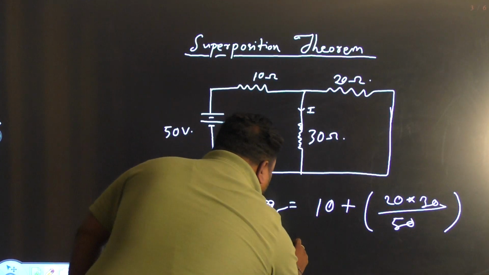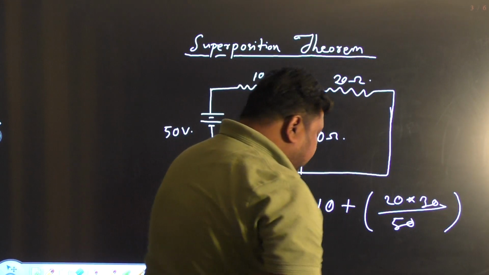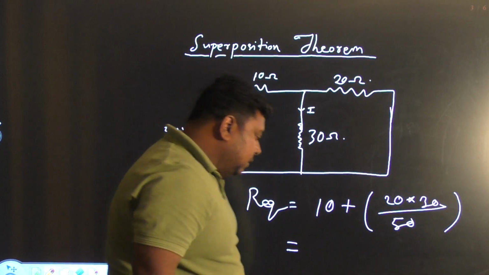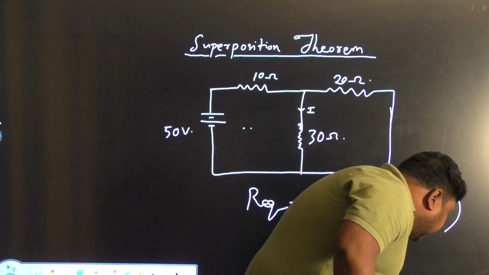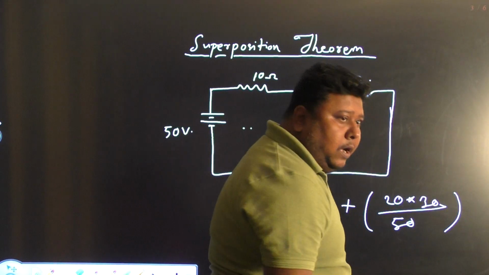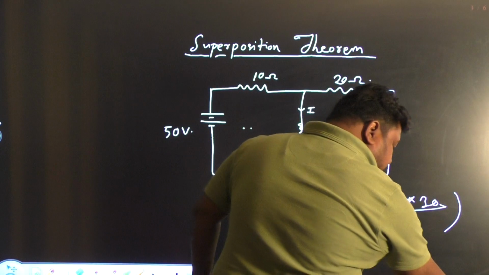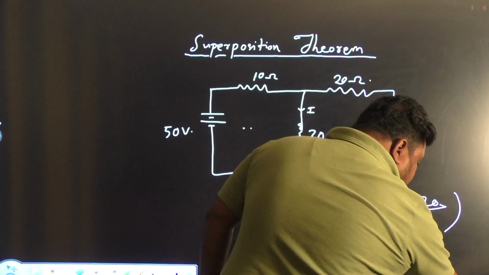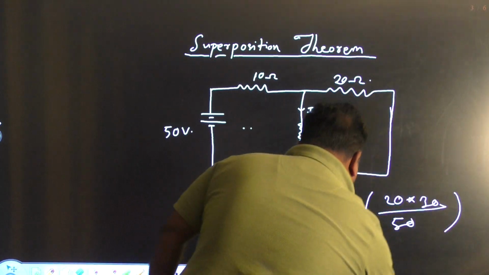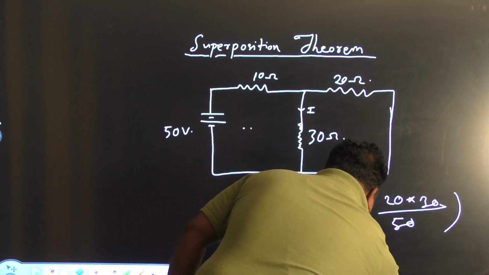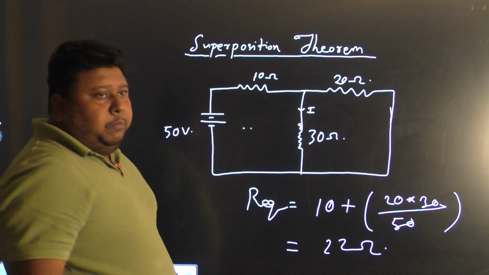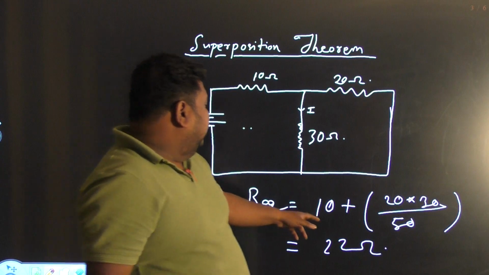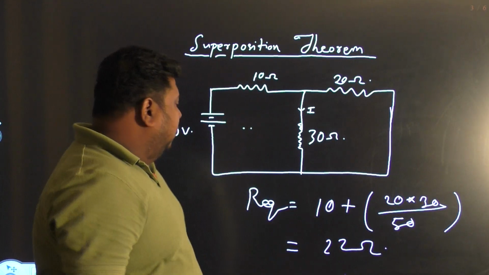The pre-calculated value for R equivalent I am getting here is 22 ohm. I am not going into details because all of you know the calculation. So finding out R equivalent, I am getting 22 ohm.